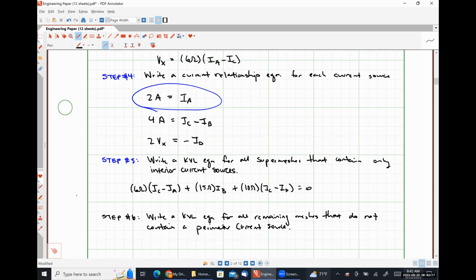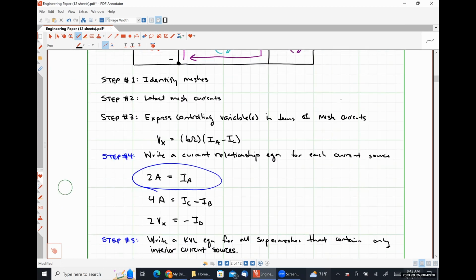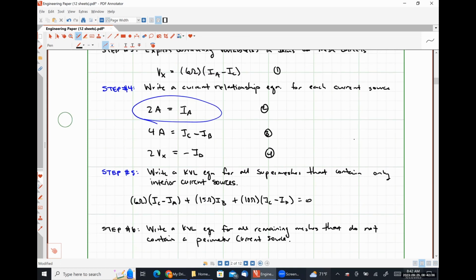And for this circuit, none of those meshes exist. So we should have a total of 5 equations. We have our 4 mesh currents and then our controlling variable Vx. So 1, 2, 3, 4, 5 equations. And then we could solve this if we wanted to. I'm not going to because I want to move along to bigger and better things. At this point, it's just using your calculator correctly or MathCAD correctly.